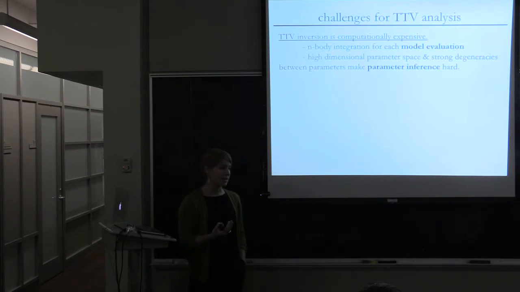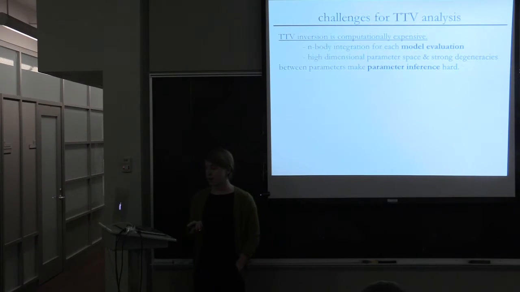The reason for that is because every time you want to evaluate your model, which is a set of initial conditions, or basically orbital parameters for the planets and their masses, you need to integrate using your n-body integrator. And that just takes a lot of time, especially when you need to evaluate your model millions to hundreds of millions of times to converge on an answer and accurately measure the uncertainties in the parameters.